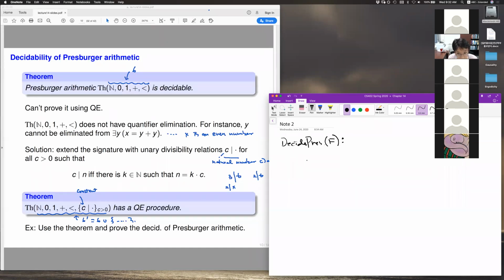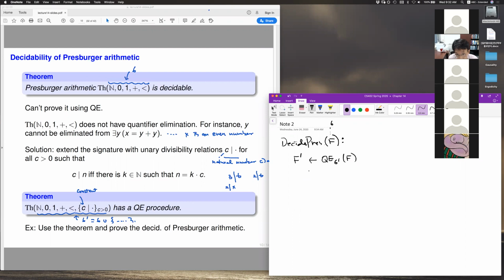So how should we do it? So you first call quantifier elimination, so this F is a formula over signature sigma. So then we call quantifier elimination for signature sigma prime, because that exists because of the second theorem, and call it on F, then that will return F prime, okay, which doesn't have any quantifier.